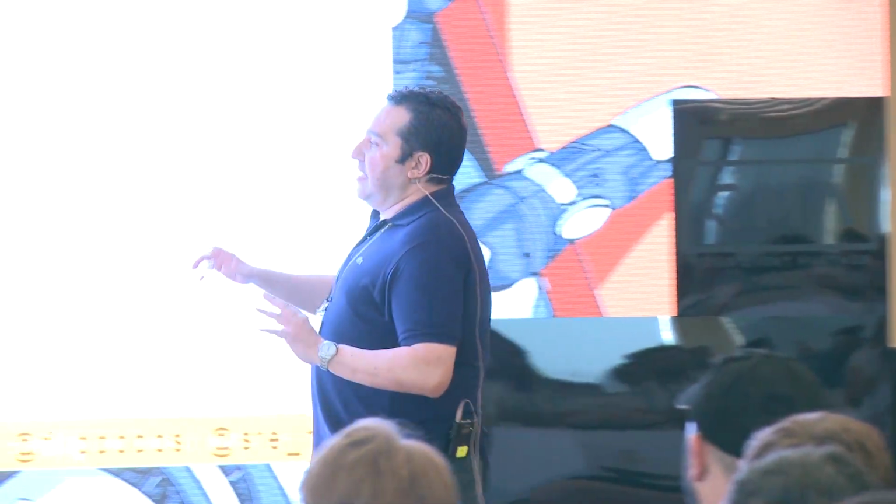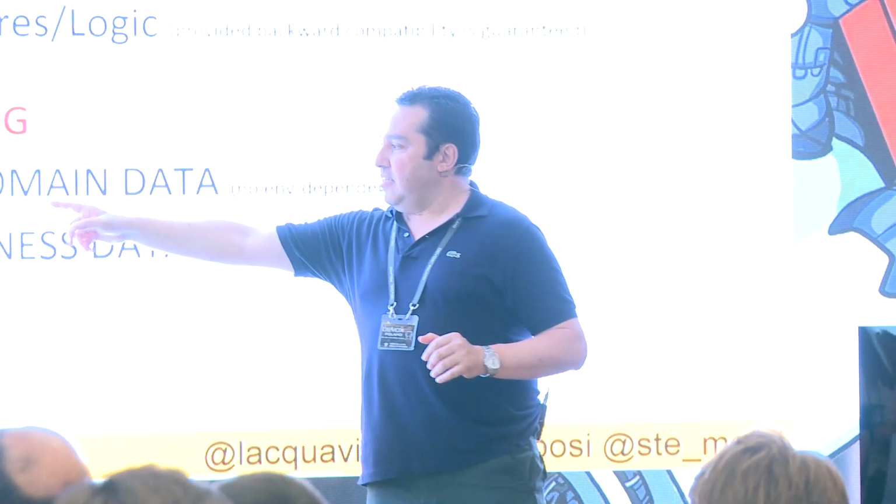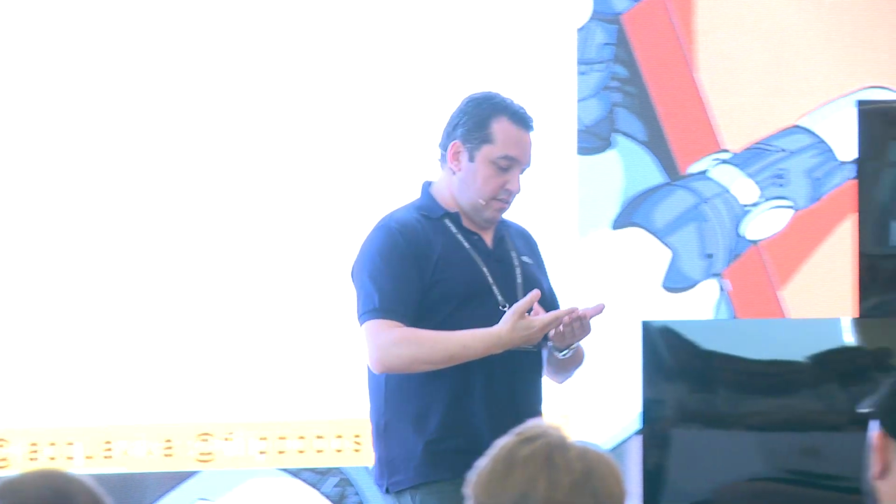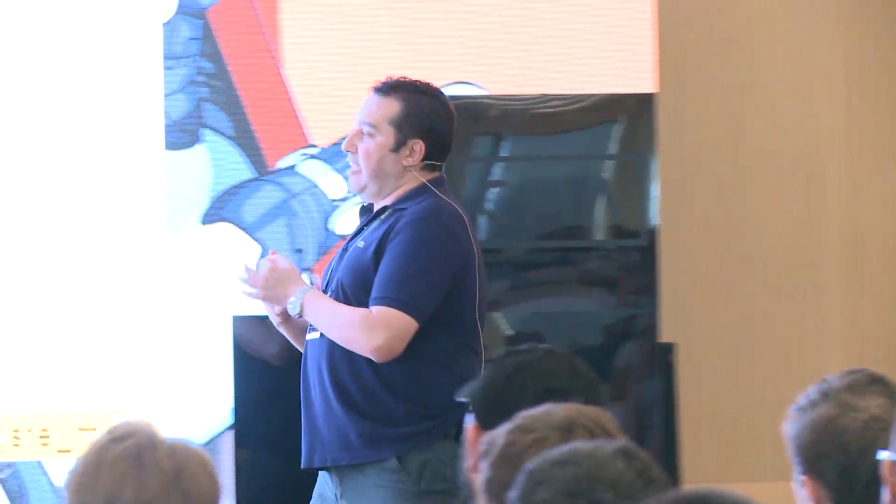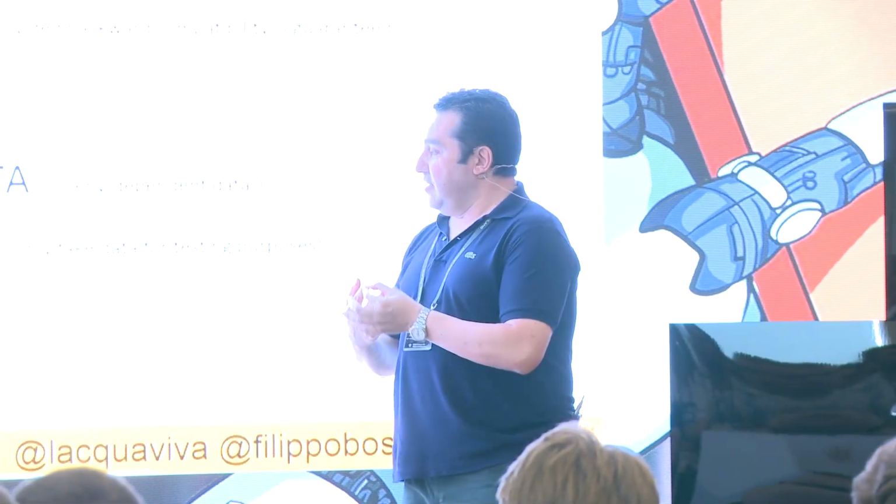I cannot put a new version of a stored procedure that breaks the compatibility with the application that's running. Regarding the data, you have a warning. You have to divide data in 2 big categories. Static or domain data, and live and business data.